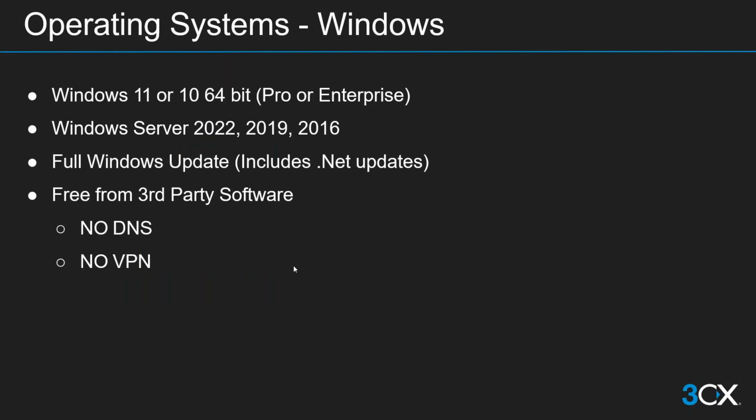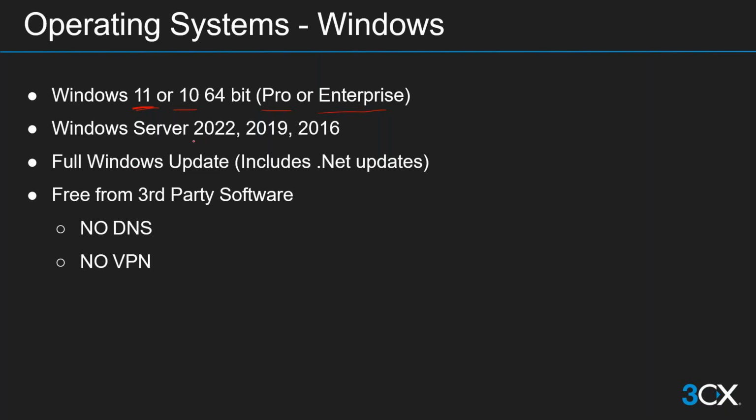For the Windows operating system, we use at the moment either Windows 11 or Windows 10, 64-bit Pro or Enterprise release. Windows 10 most likely will be gone soon. So if you install it on a Windows user operating system, install it on Windows 11.